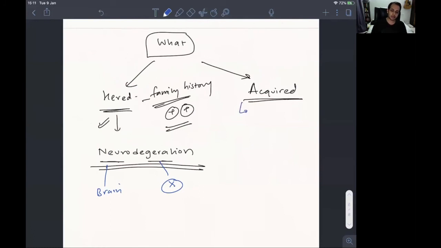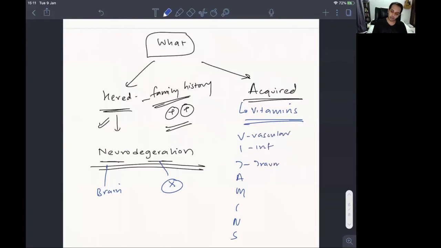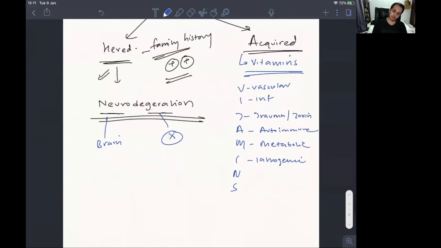What about acquired? Now, the causes of acquired, there is a mnemonic called vitamins. And this is something we discussed in all the previous quarantine clinics. Vitamins stands for vascular, infectious, trauma or toxin, autoimmune, metabolic, iatrogenic, nutritional, and syndromic.